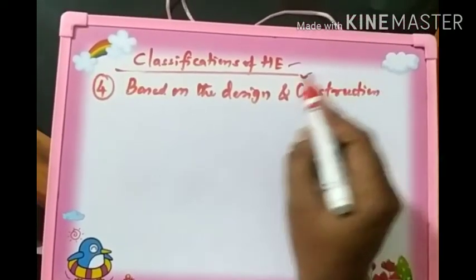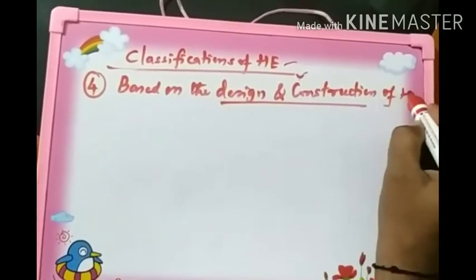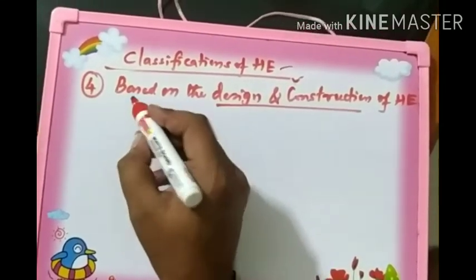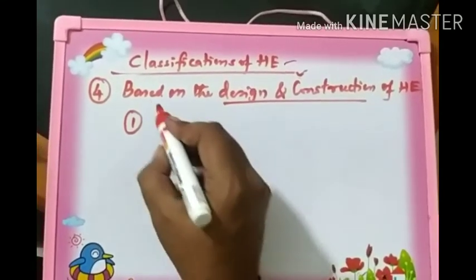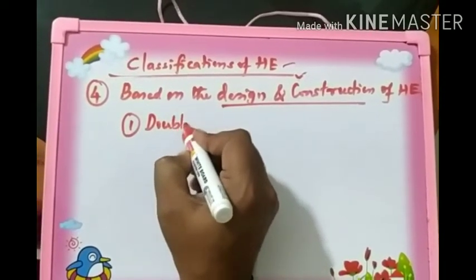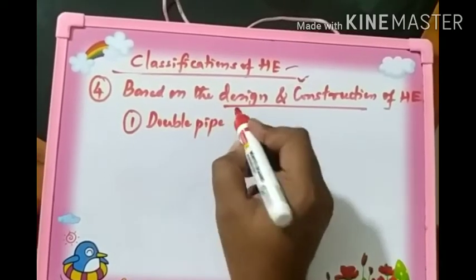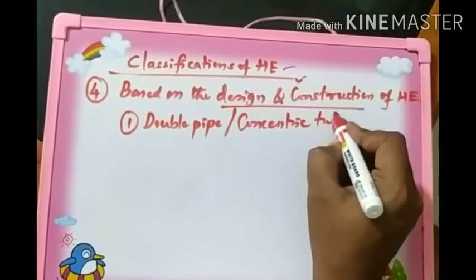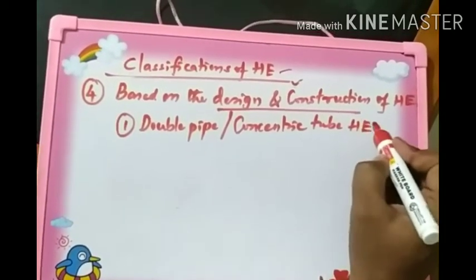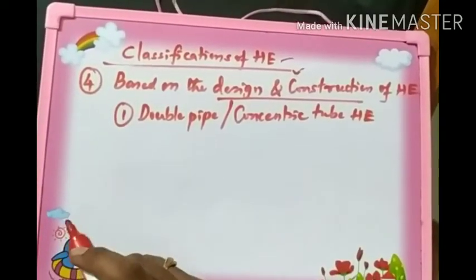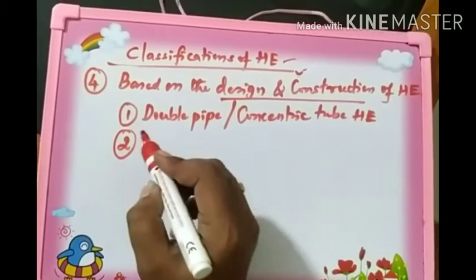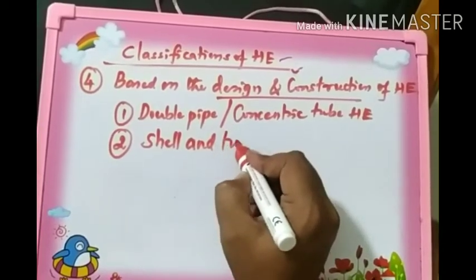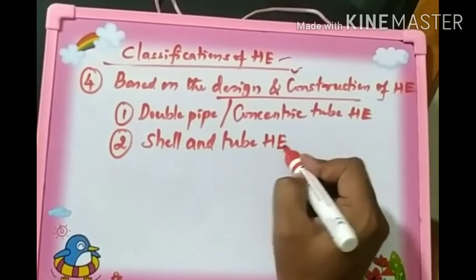Based on the design and construction of the heat exchanger, we can classify all the heat exchangers into, first one, double pipe, which is also called as concentric tube heat exchanger. Second one is called as shell and tube heat exchanger.